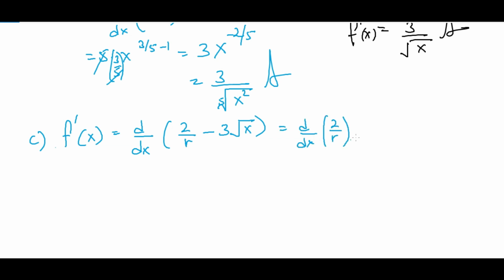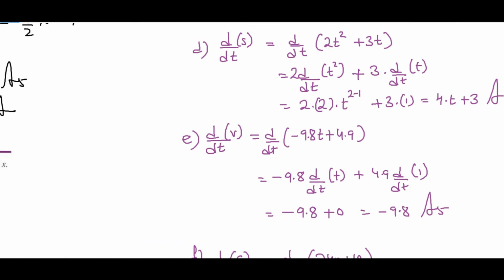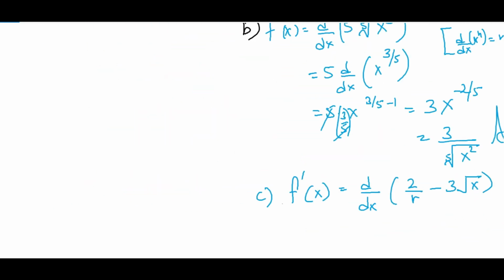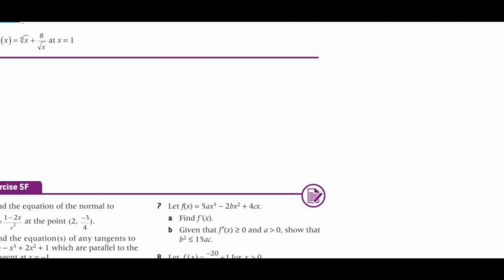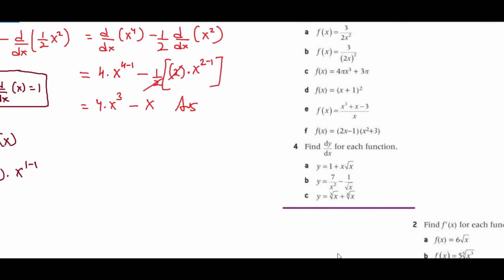I'm just writing this constant the same way, d by dx of square root of x. So we get 0 minus 3 times half times x to the power half minus 1, which is 3 by 2 x to the power negative half, which can be written as 3 by 2 square root x. This one is quite fast, but I suppose you got this. Let's proceed to the questions of the other type.